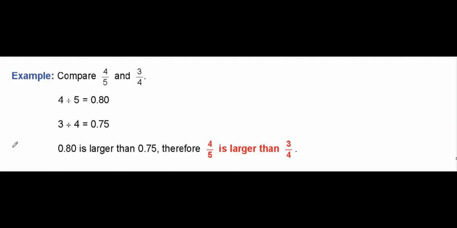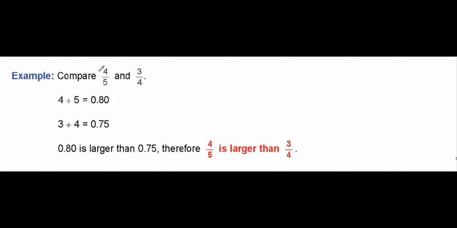In the next example, we are going to compare the fractions 4/5 and 3/4. Remember, we divide the numerator by the denominator.